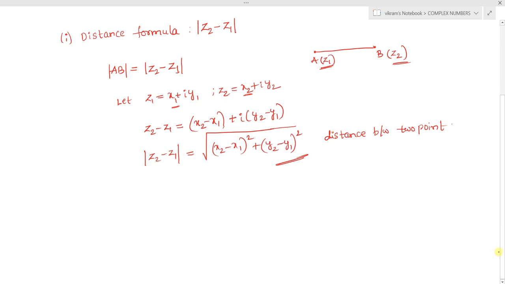Next we move to the next formula, the perpendicular bisector. Let A be a point and B another point.